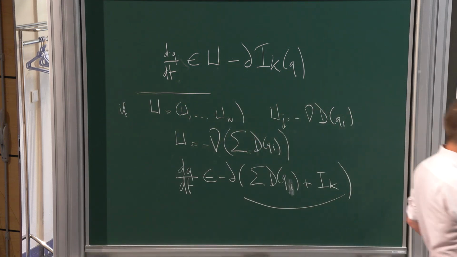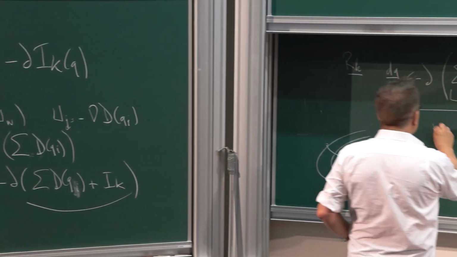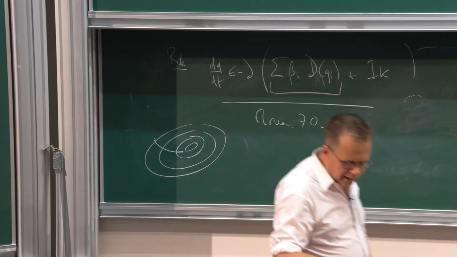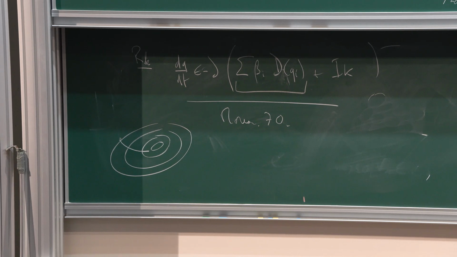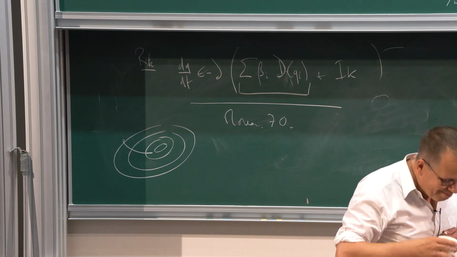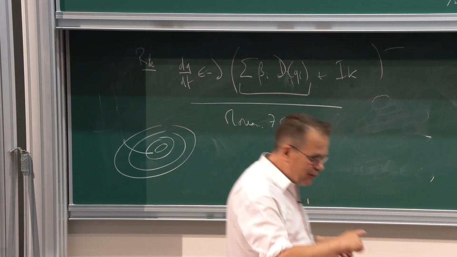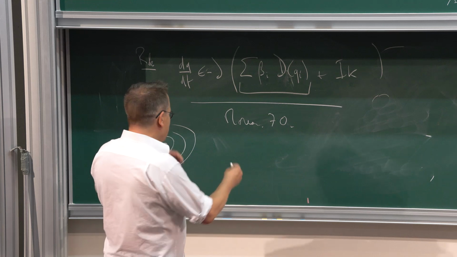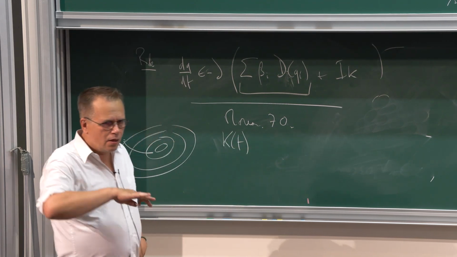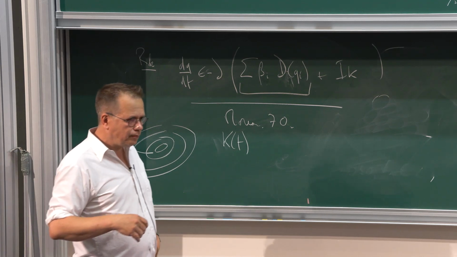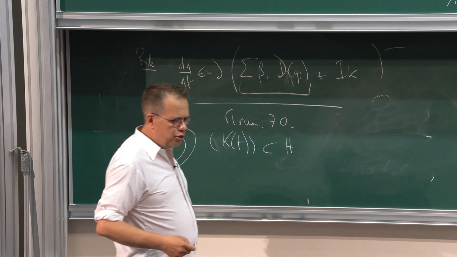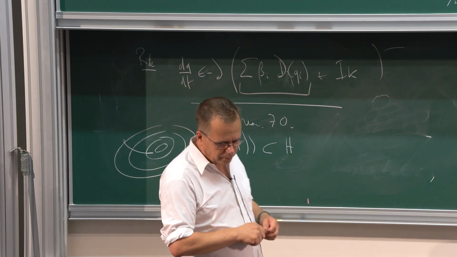Perhaps I will make a remark, because we used a lot a theory by Moreau in the 70s, which is about the same, and I think it illustrates. I will make an experiment with the glass. You have a set of moving convex sets in a Hilbert space. It's a family in a Hilbert space, it can be infinite dimensional, and you have a point.